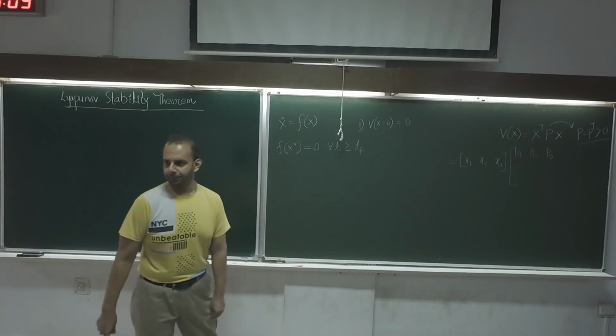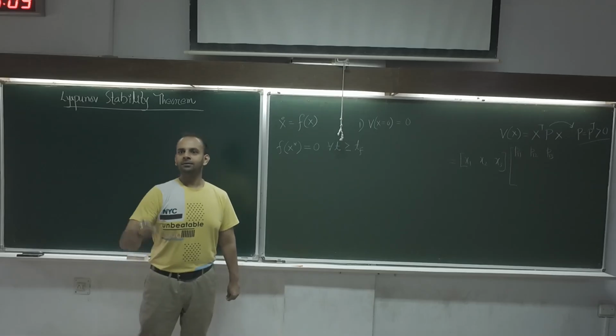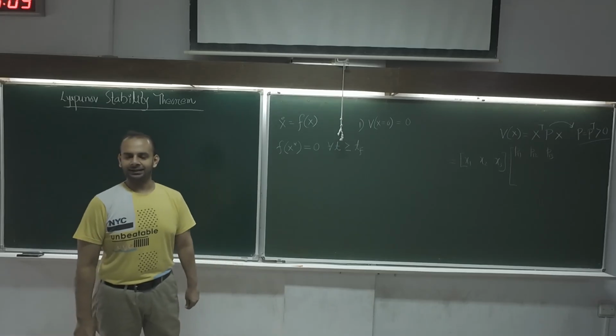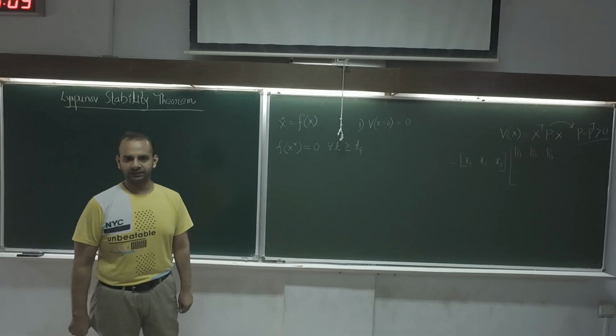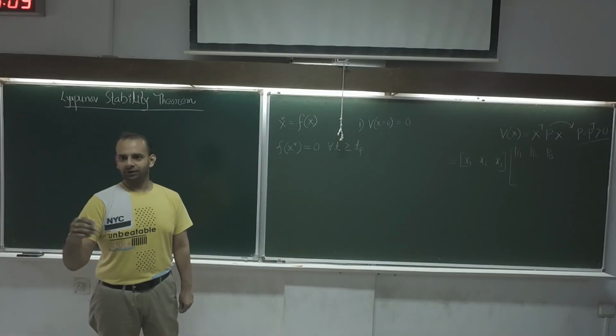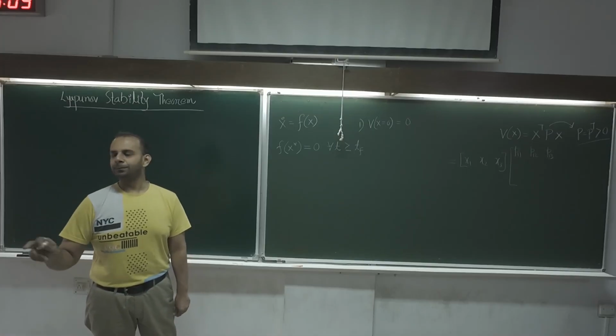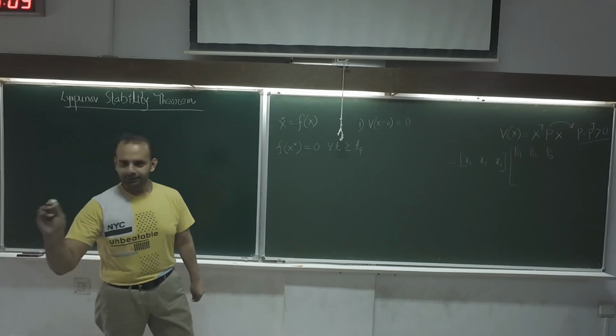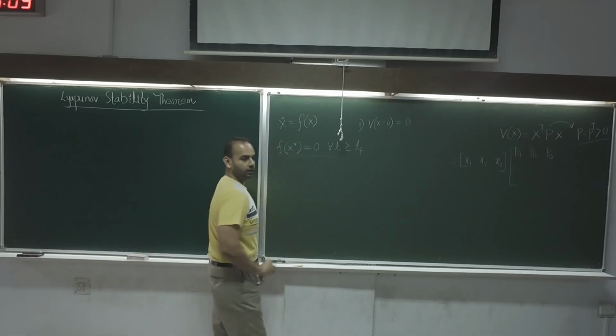TF means final time. Once the system reaches that point, after that there would be no rate of change of the state. And if the rate of change of the state is 0, that means there is no further movement, right? That is the definition of equilibrium point.